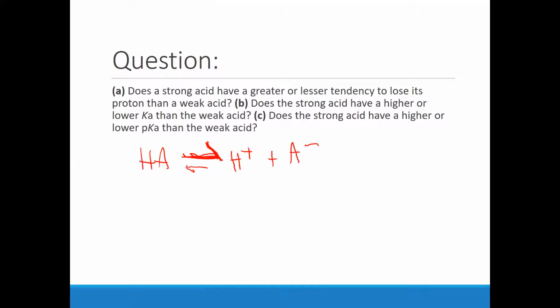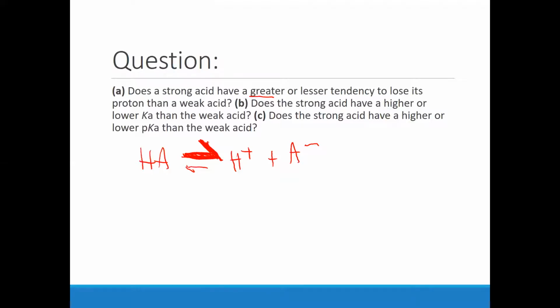So it actually is better at dissociating than a weak acid. So it has a greater tendency to lose a proton than a weak acid.